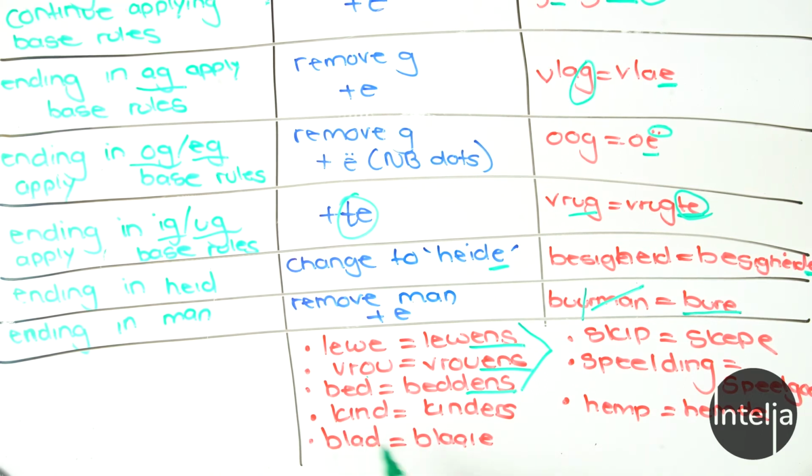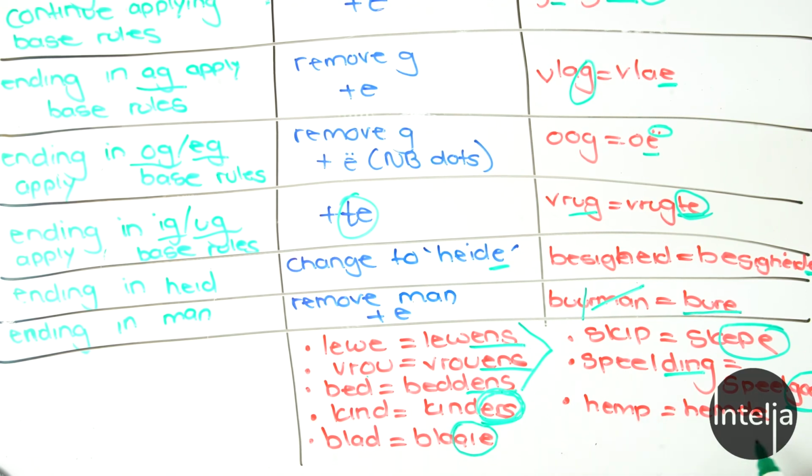Then we have kind becomes kinders. We add ERS. Blad, which means a page, becomes blaie. Skip becomes skepe. Speelding becomes speelgoed. Instead of ding, it becomes goed, which is what makes it plural.